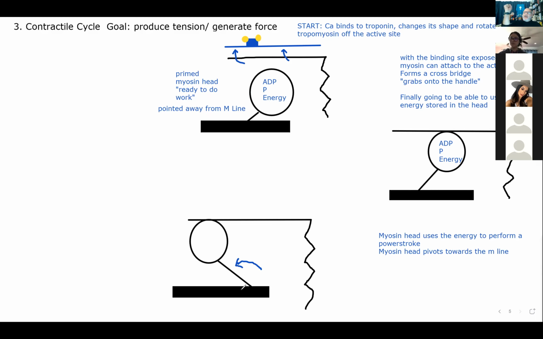Now, as it's grabbing onto the actin and as it pivots towards the M line, clearly it is going to pull on the actin and pull the actin towards the M line.